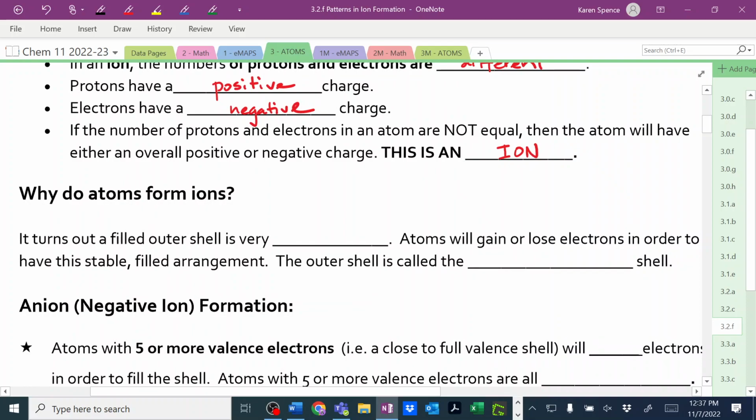Alrighty. It turns out a filled outer shell is very stable. Atoms will gain or lose electrons in order to have this stable filled arrangement. What is the outer shell also called? The valence shell.